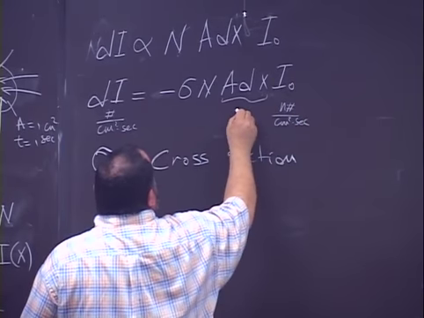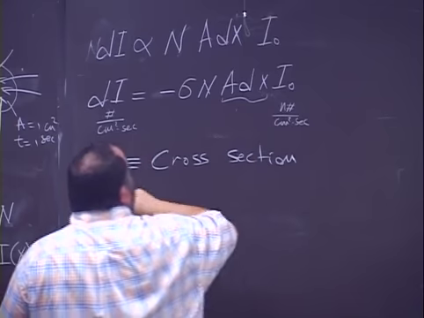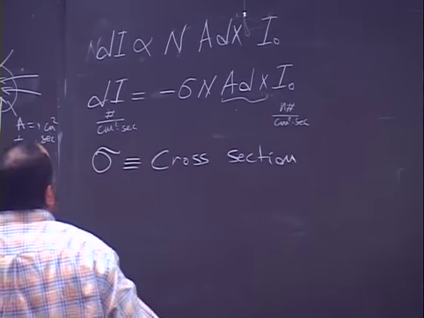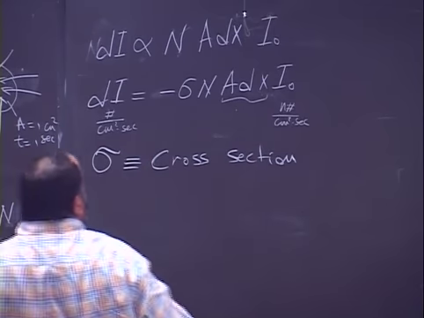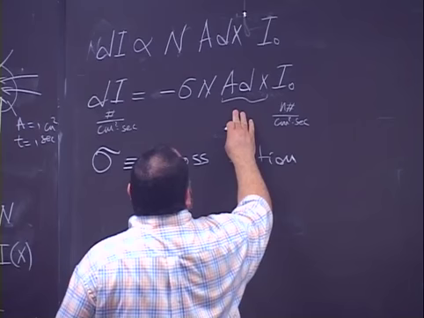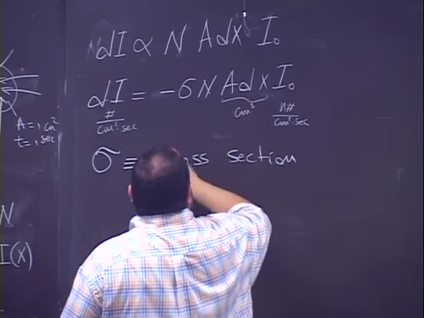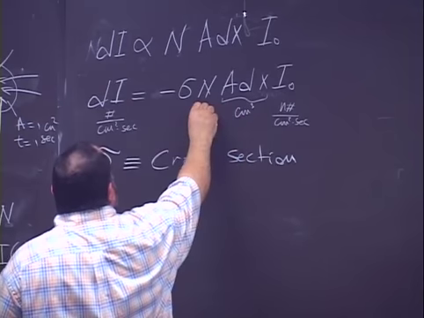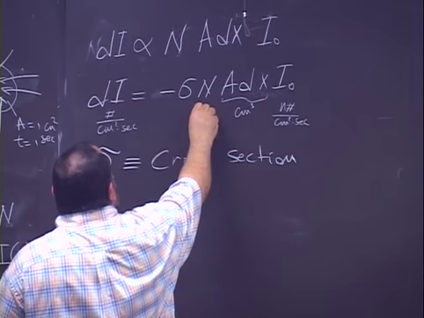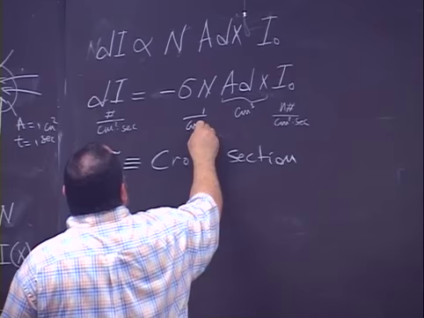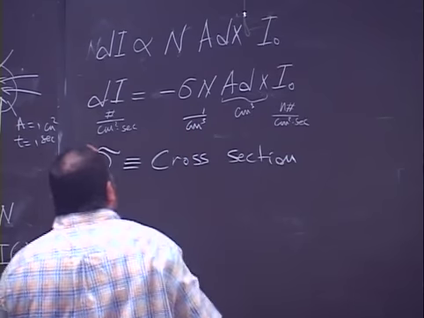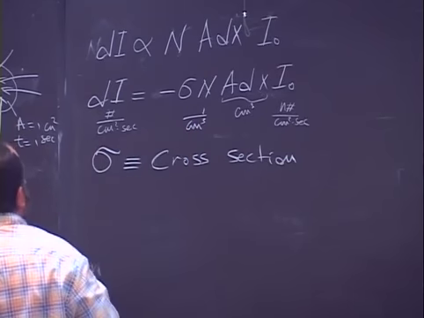So this is what? Centimeter square. This is centimeter cube, and this is what? Number per centimeter cube. There is a missing part here.